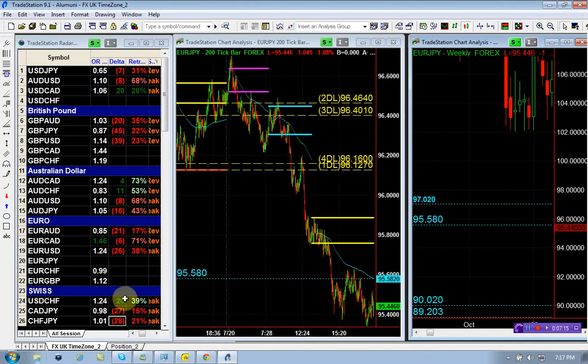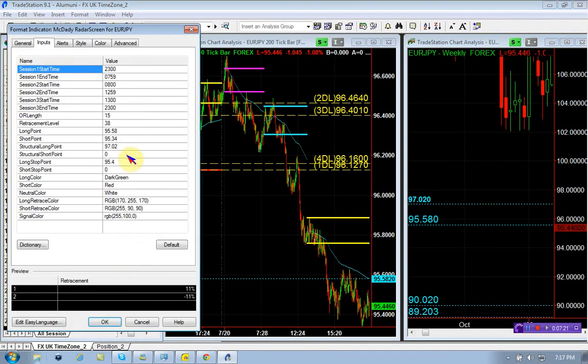That's my next structure point. And if I go short below I'm going to use my buying point, which is the 95.58, as my stop, because again it's just a tight.